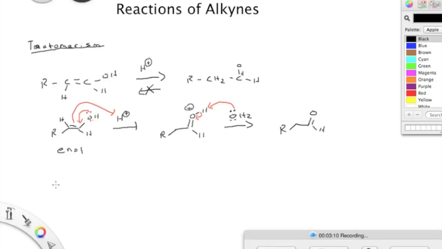And so if we draw the process here for a base catalyzed enol reaction, here is now our OH minus, and what's going to happen in this case is this is going to deprotonate our enol, putting charge on the oxygen, so we have our intermediate right here.